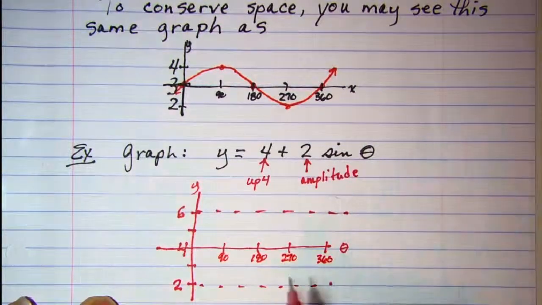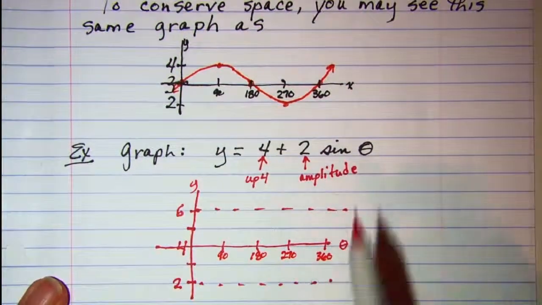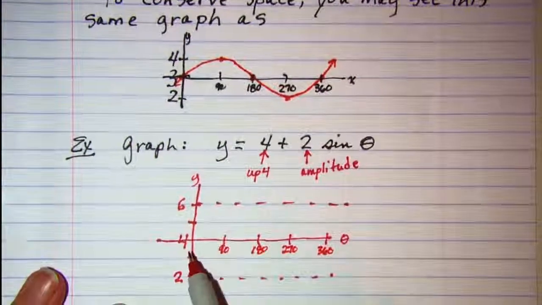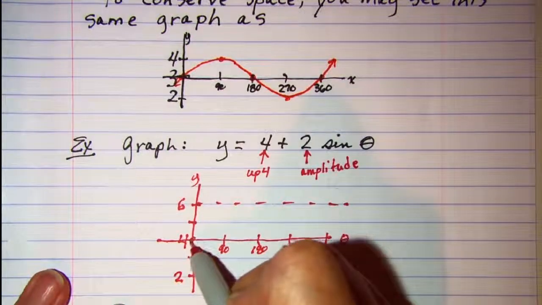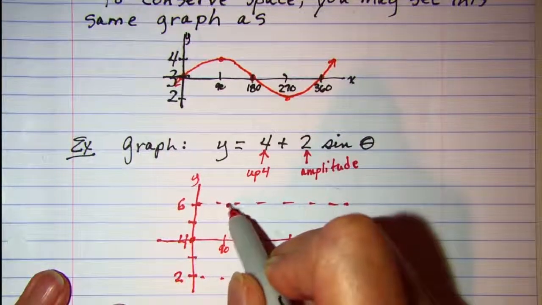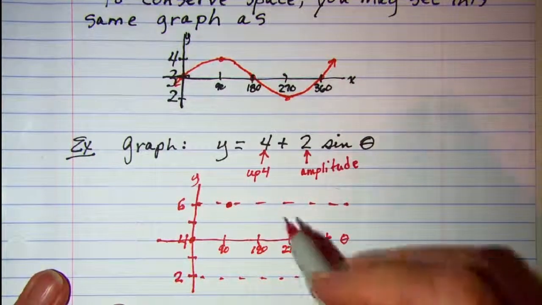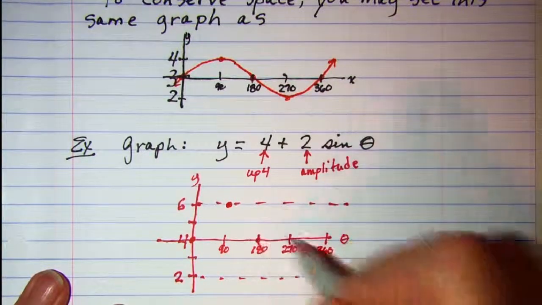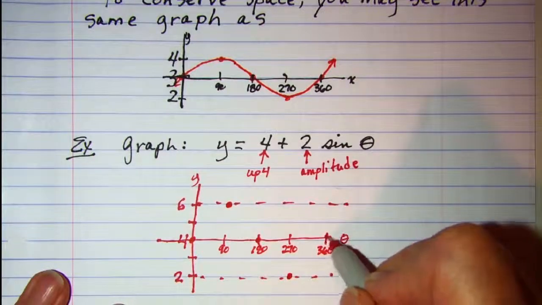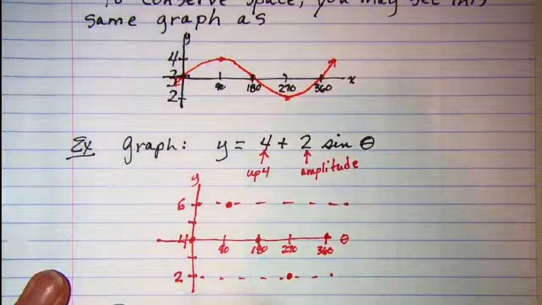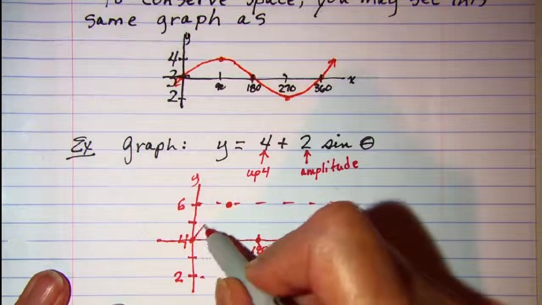This is a sine curve, so I start at the horizontal axis and I move up to the maximum for 90, back to the axis for 180, down to the minimum for 270, and back to the axis for 360. So my curve looks like this.